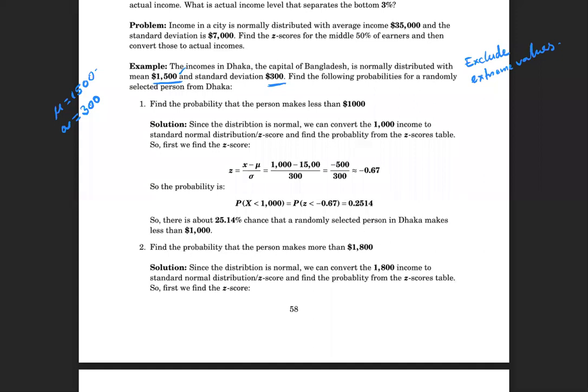Now find the probability that someone makes less than $1,000. So we want to find the probability that a randomly selected person makes less than $1,000.